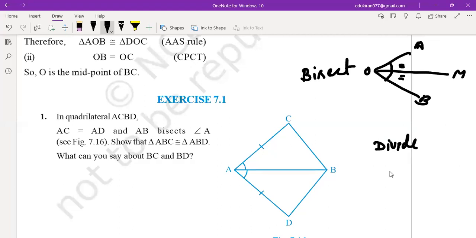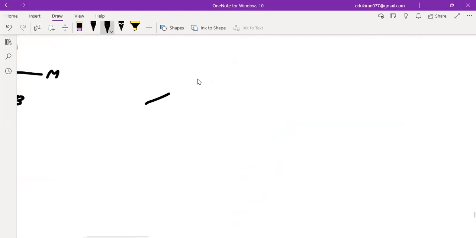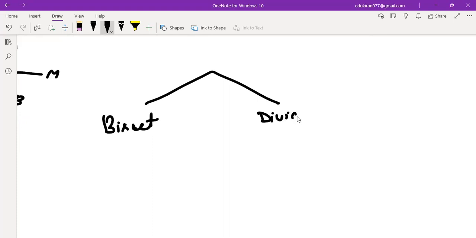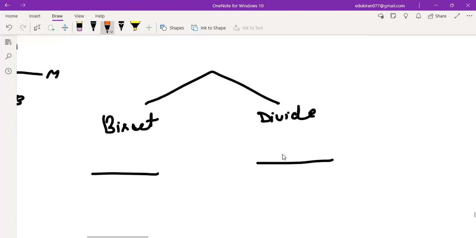Wherever you see the word bisect, others I would have used the word divide. There are two words: one is bisect, one is divide. For example, this is a line. Divide means this is 2 centimeter and this is 5 centimeter, I divided it.